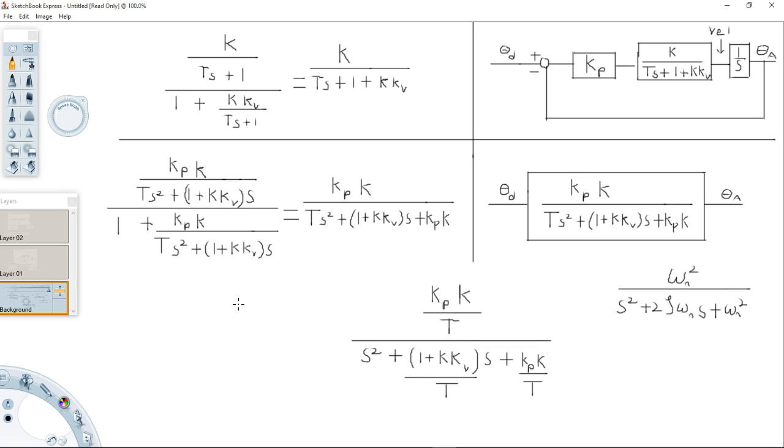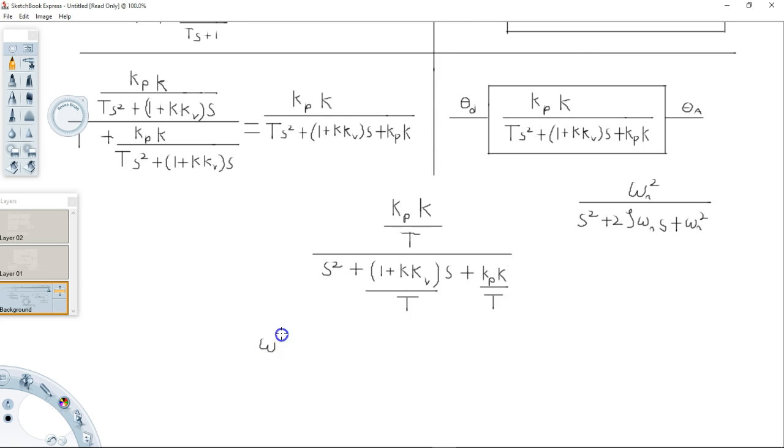So now that we have this in the form of the second order transfer function, we can now pick off the components accordingly.